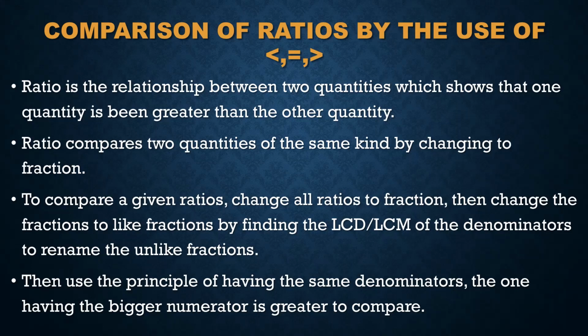After getting the like fractions, you are going to base on the principle because like fractions are fractions with the same denominators. Then you consider only the numerators; the one having the bigger number is greater. That is what you are going to base on in a situation where you have like fractions.